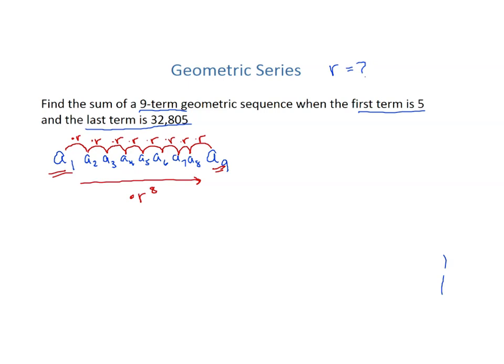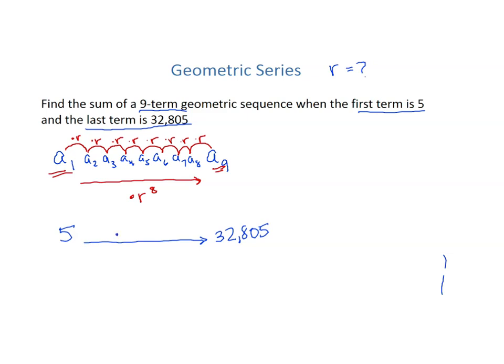So now let's look at it in terms of numbers. My A1, my first term, is 5, and my 9th term is 32,805. So what would I multiply 5 by to get this? Well, I don't expect you to know that off the top of your head, but we can divide to figure it out. So 32,805 divided by 5.